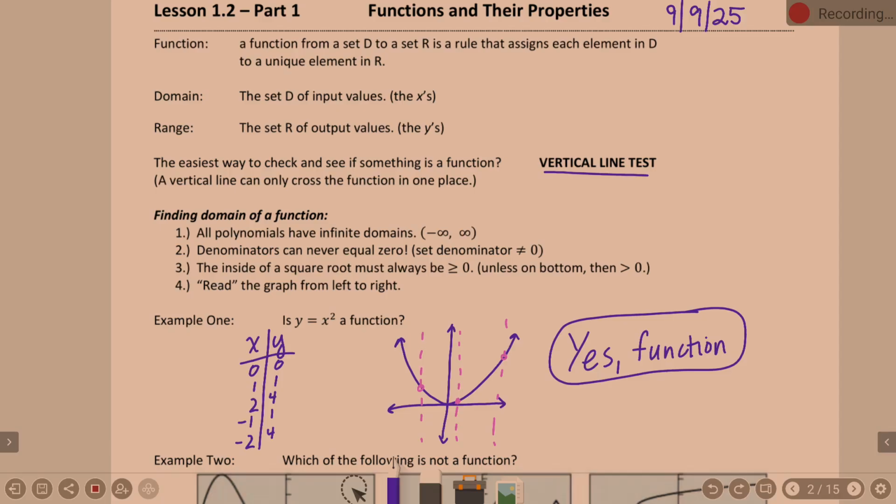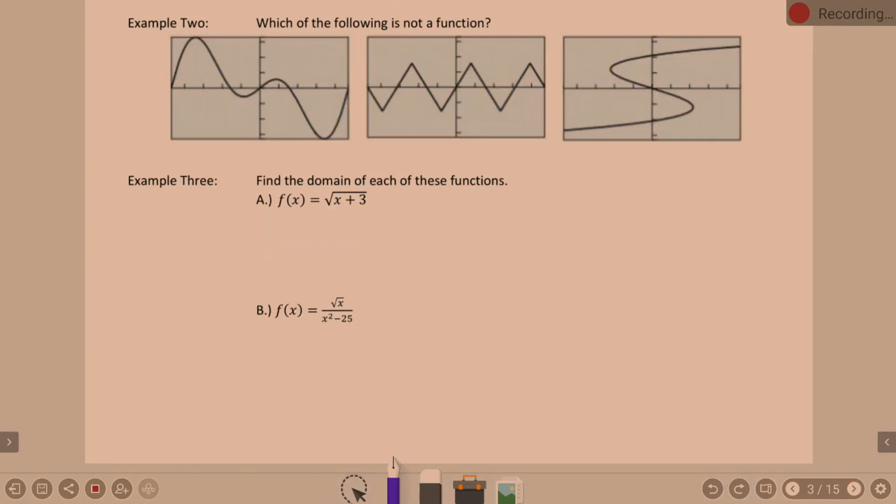Okay, look at example 2. The question is, which of the following is not a function? Third one. Yeah, the third one is equal. And why? Because it goes through the line 3 times. This one right here is not a function.